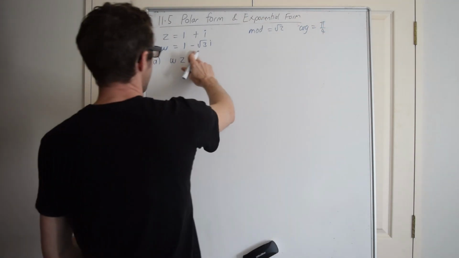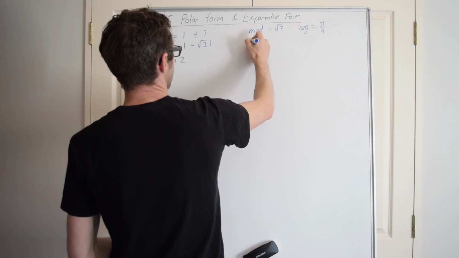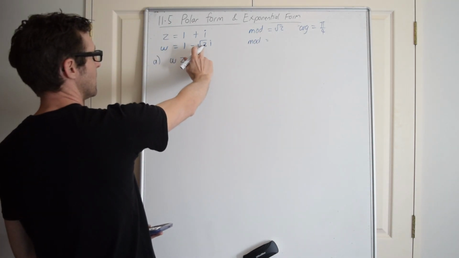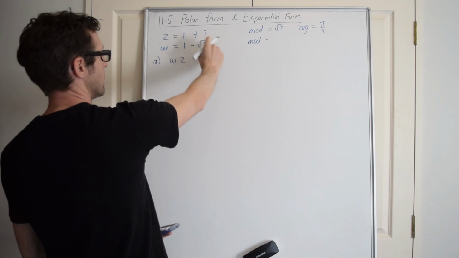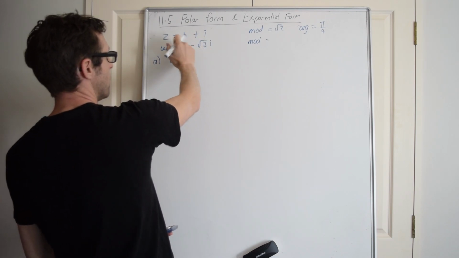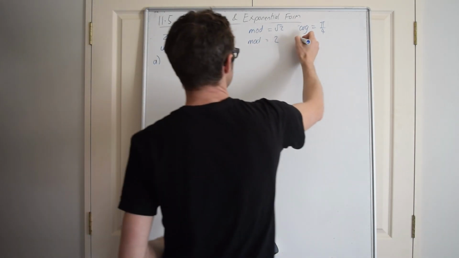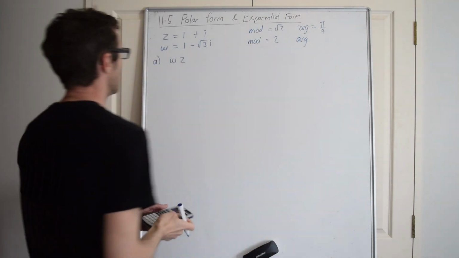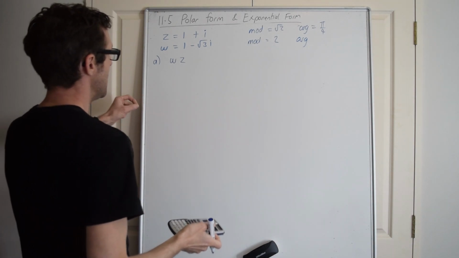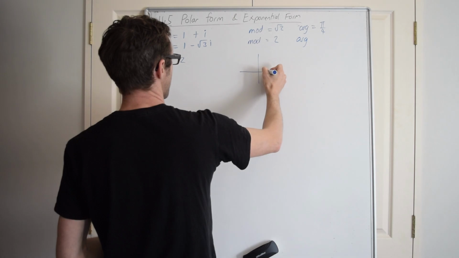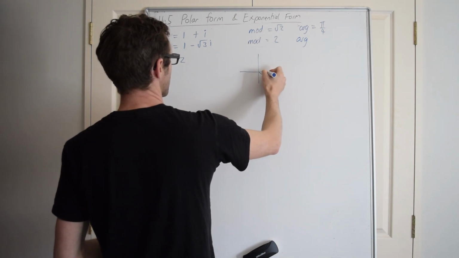Let's do the same with this one. The modulus for w is going to be 1 squared plus minus square root 3 squared, which is 3. So 3 plus 1, 4, and we take the square root of that, which is 2. Okay, and then the argument, we're just going to go opposite over adjacent. If we quickly sketch this, we're going across 1 and down here, and we want to know this angle here.